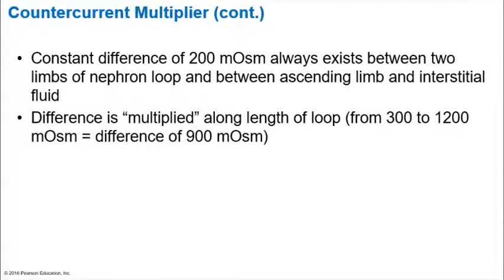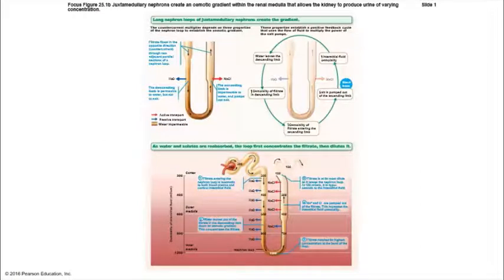medullary osmotic gradient. It's just the nephron loop doing its job, and you happen to spill out some of these solutes into the interstitial fluid, and it will affect the concentration in the cortex and the medulla. That's all. It's just them doing their normal job, and some stuff is getting stuck in the interstitial fluid. And that's all you're seeing in this image here.